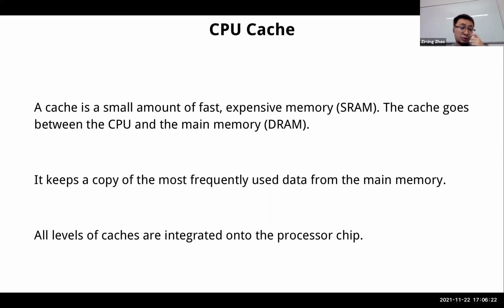Modern CPUs will always have multiple levels of caches integrated in the processor chip. For example, Intel CPUs in your laptop or desktop usually have at least 3 or 4 layers. The phone you are using usually has 2 layers of cache, sometimes 3. Some very low-end IoT devices do not have cache because it's too expensive.